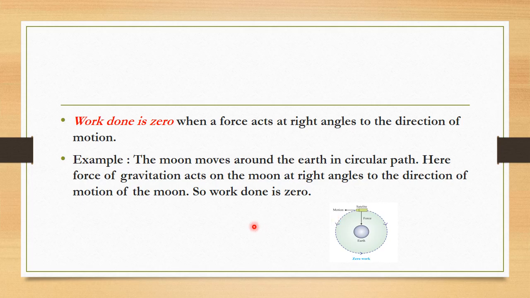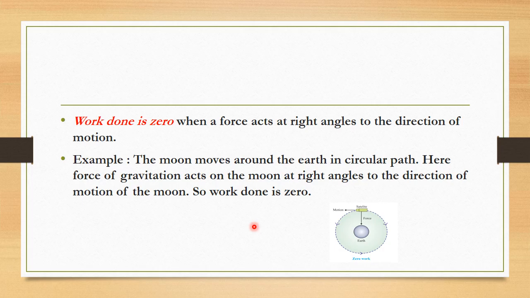Actually, when you go to higher classes, we will study that work done is equal to F s cos theta. In 9th class, usually you are not studying trigonometry and all. What is cos? Cos values. Cos 90 is actually 0. So the work done here will become 0.